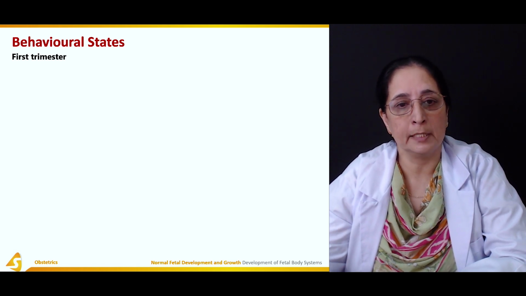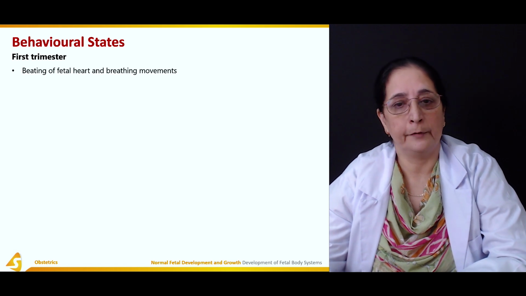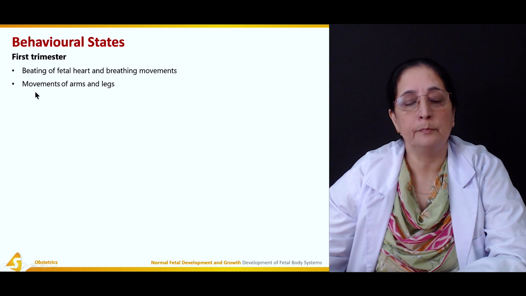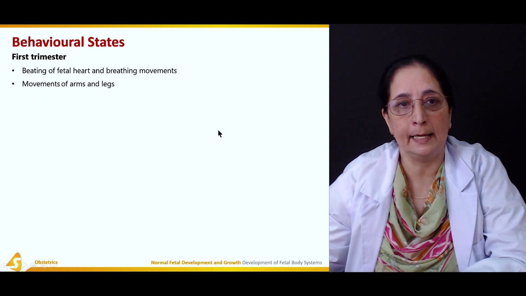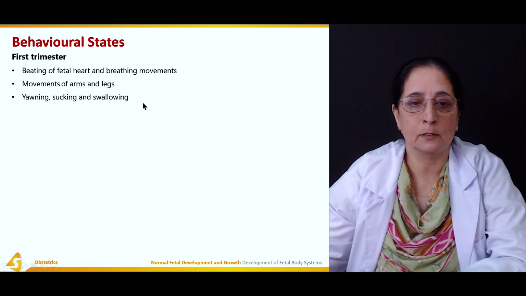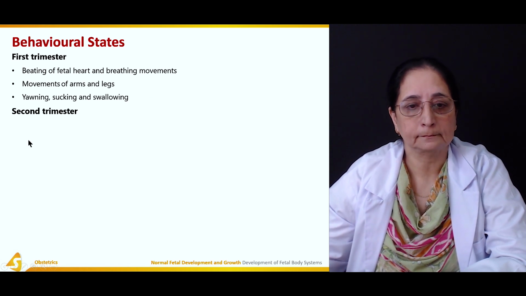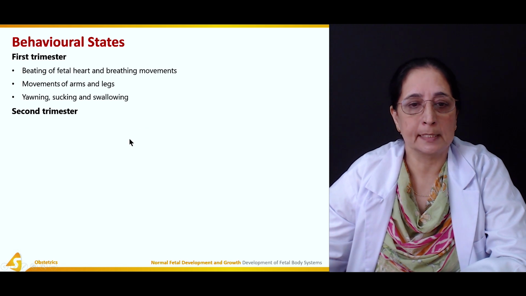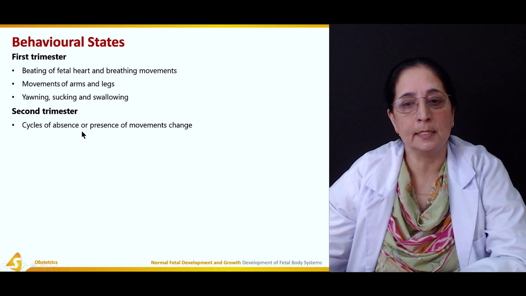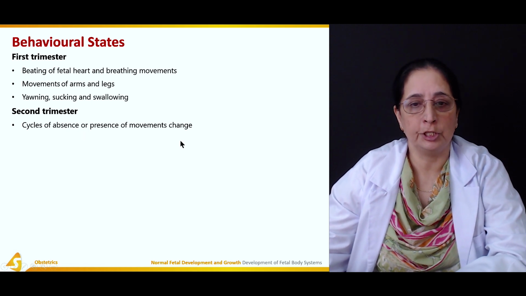So in the first trimester, both heartbeat and breathing movements are present. Then there are movements of arms and legs, yawning, sucking, and swallowing. In the second trimester, cycles of absence or presence of movement change.